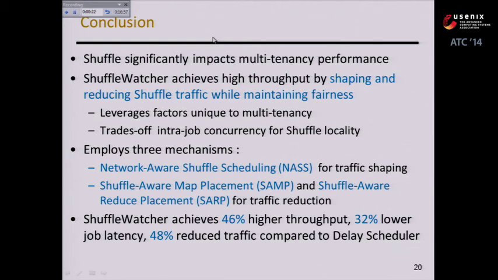In terms of SARP, we make the key observation that we can be more clever about where to schedule those reduce tasks, rather than just randomly picking any rack or any node. And in terms of SAMP, we made the key observation that rather than just picking any replica to schedule a map task on, we can be more choosy and pick whatever replica is more suitable to make our shuffle more local. So these are our main contributions.